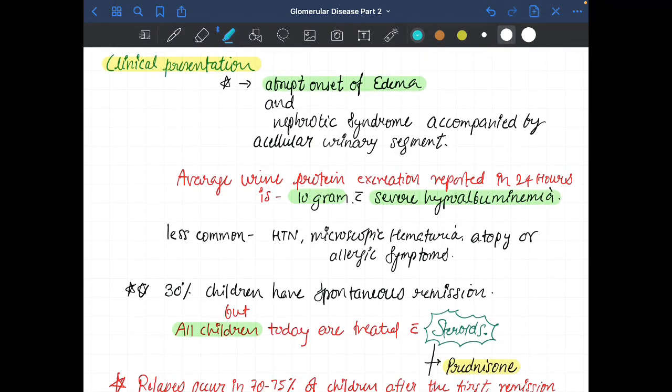In clinical presentation, patients come with abrupt onset of edema and nephrotic syndrome accompanied by acellular urinary sediment. There are no cells in the urinary sediment, only proteins are present, and because of the protein, salt and water retention, there is edema.